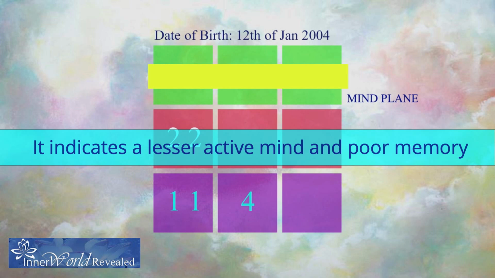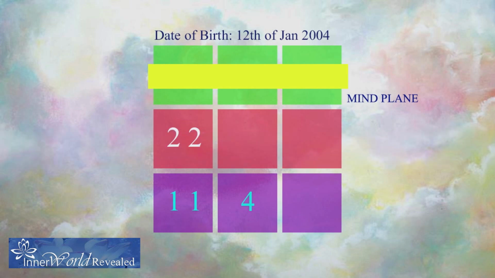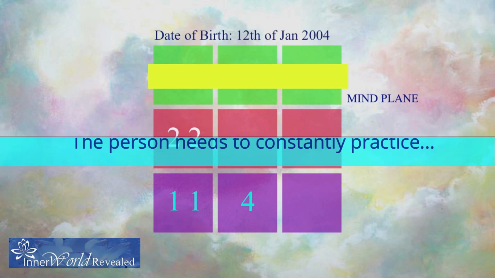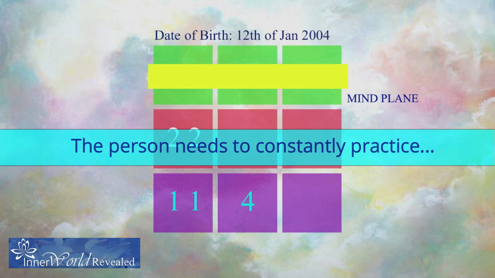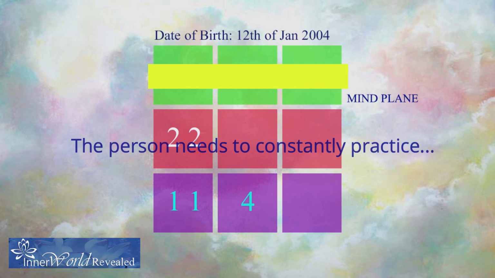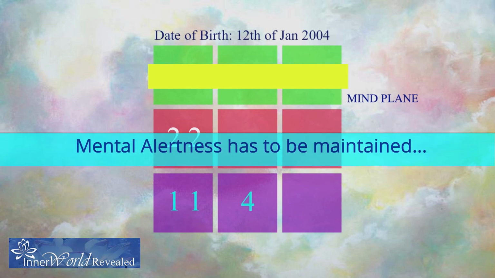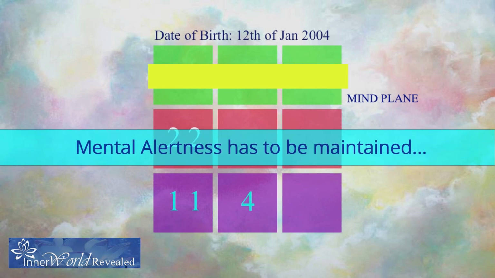So a person with this pattern, due to his poor memory, needs to constantly work upon his memory to keep it active. In the same way, even intelligence quotient can be improved by constant hard work and practice. There has to be a lot of practice over and over again. Mental alertness has to be maintained and the mind has to be continuously stimulated.